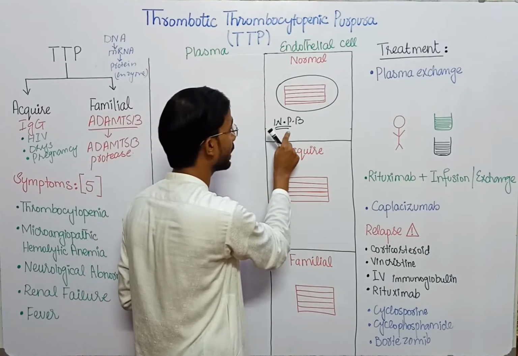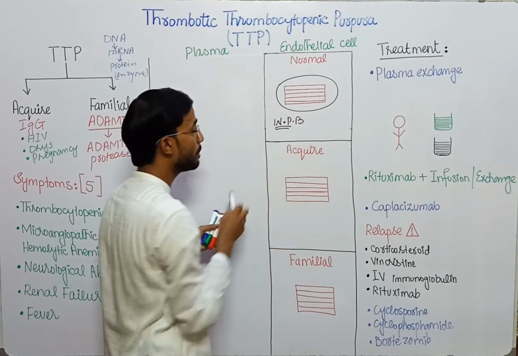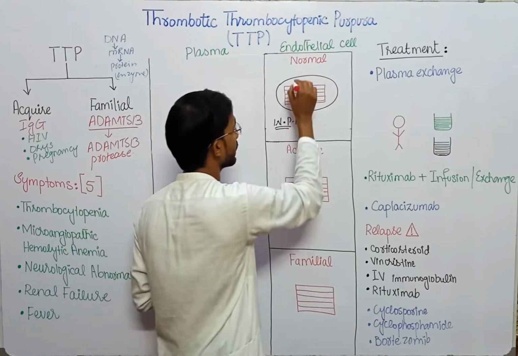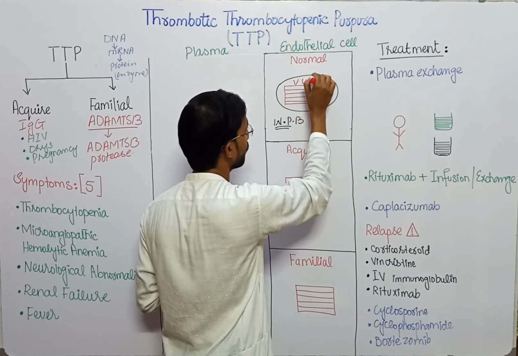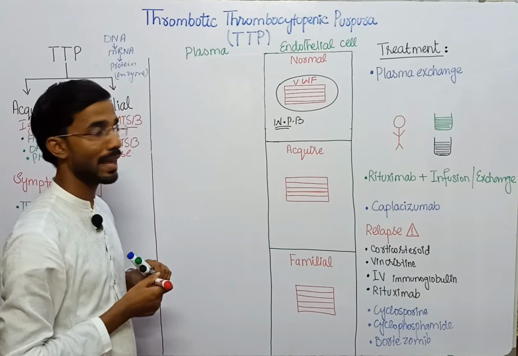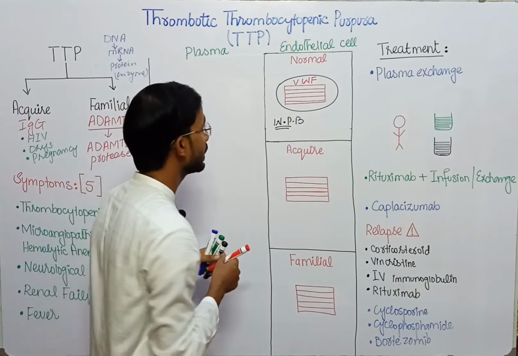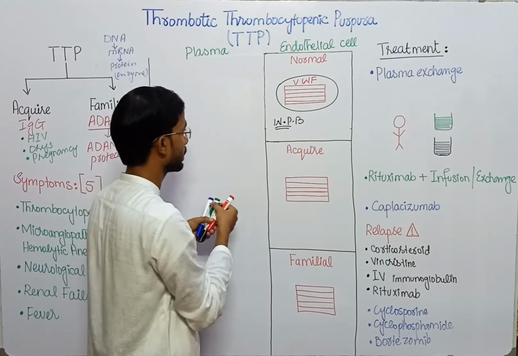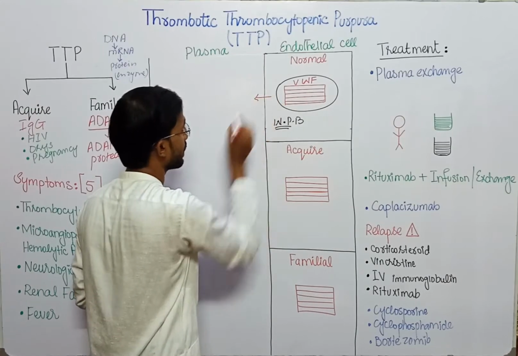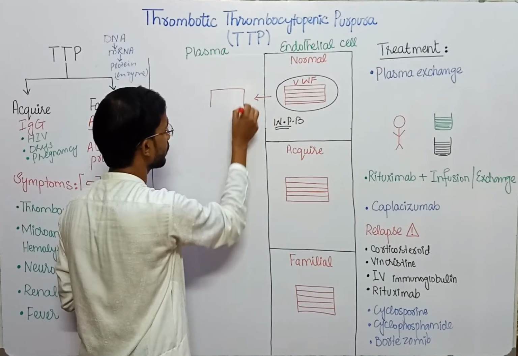In the Weibel-Palade body, von Willebrand factor is present, and it is released into the plasma. Here you can see.